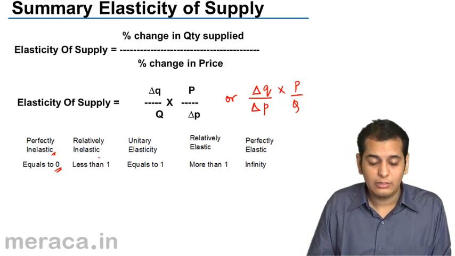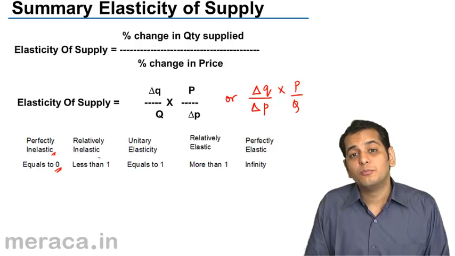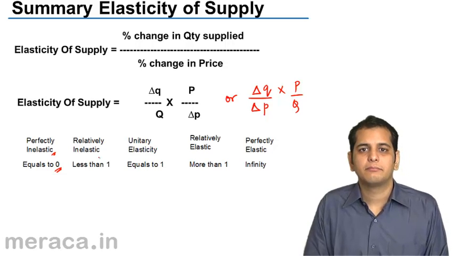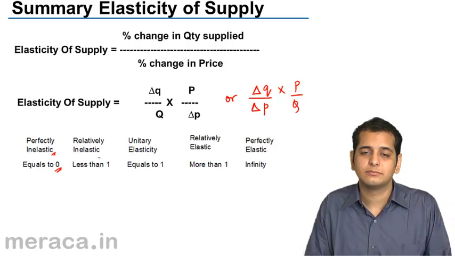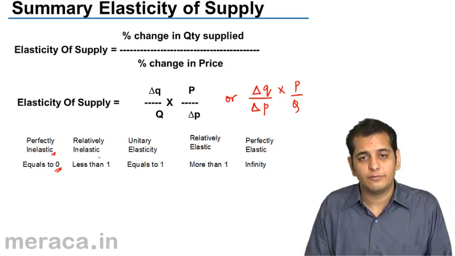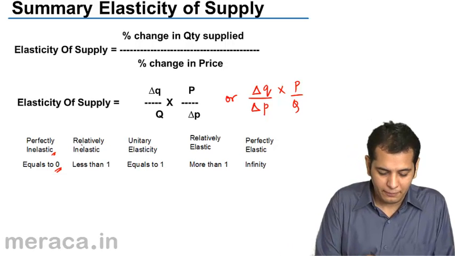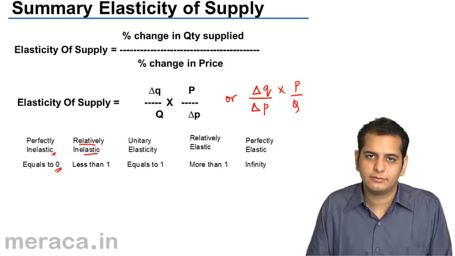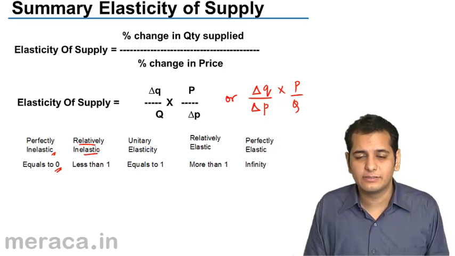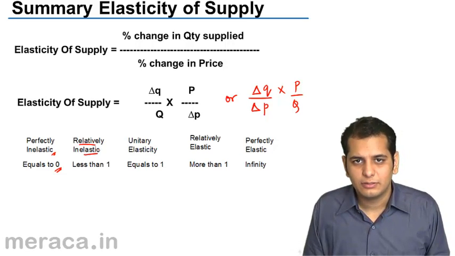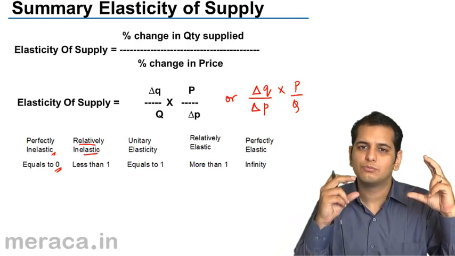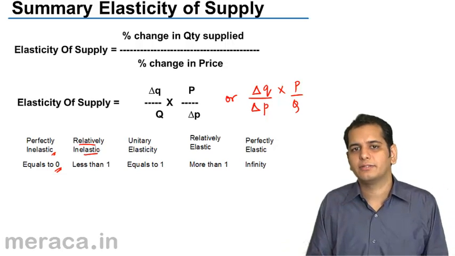Then we saw that the numerical that we get from the elasticity of supply may range between 0 and 1. And if that's the case, we call it a relatively inelastic supply. A relatively inelastic supply means that a bigger change in price brings about a smaller change in supply.